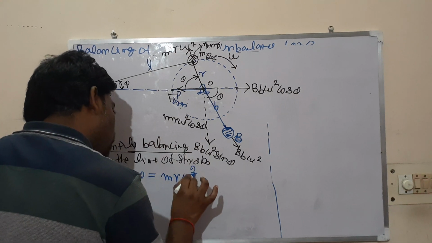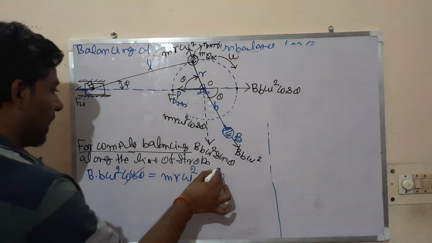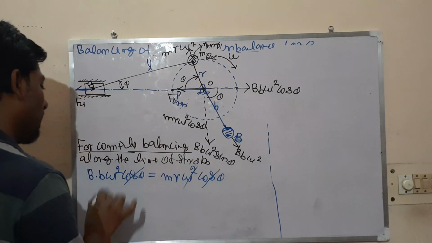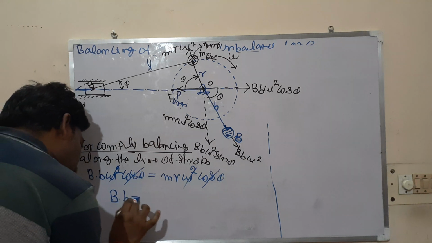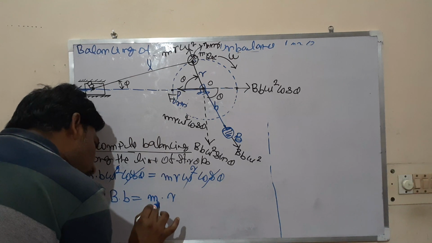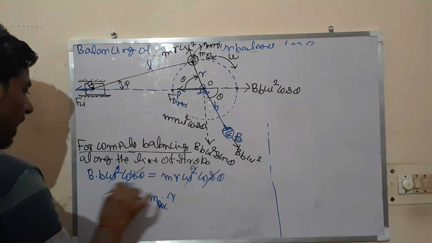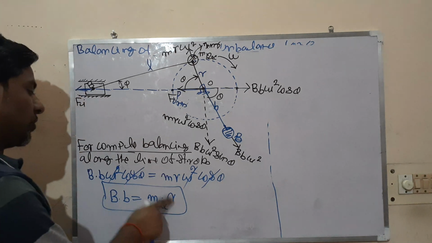So cos theta has gone, omega square has gone, and BB is equal to m into r, the reciprocating mass mRc. So BB is equal to mRc into r.